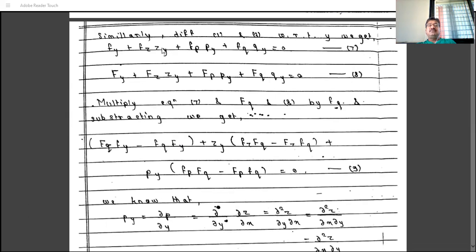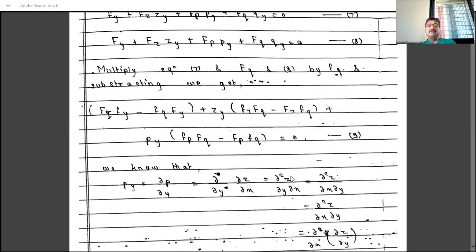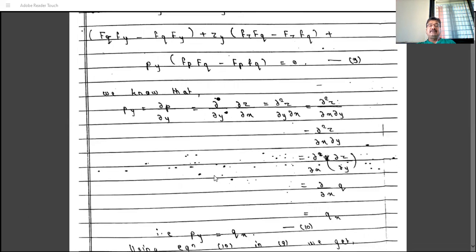From these two terms take zy as common, so fz capital Fq minus capital Fz small fq, and from these two take py as common, so fp capital Fq minus capital Fp small fq is equal to 0. This is equation number 9.